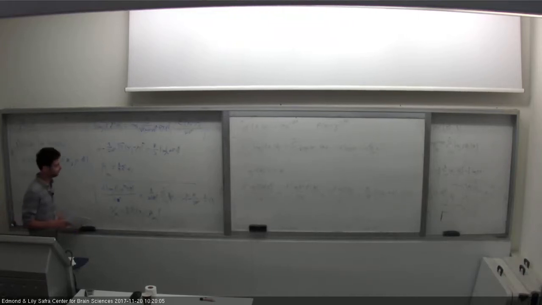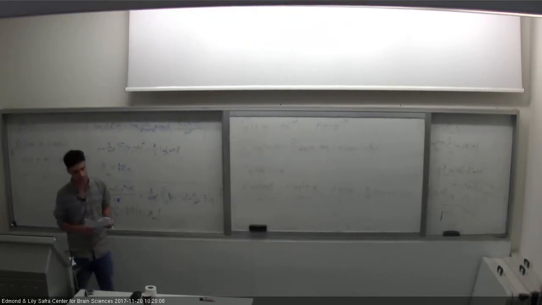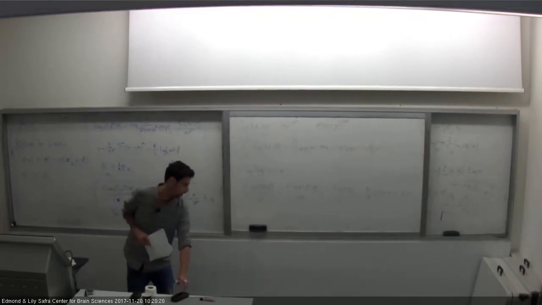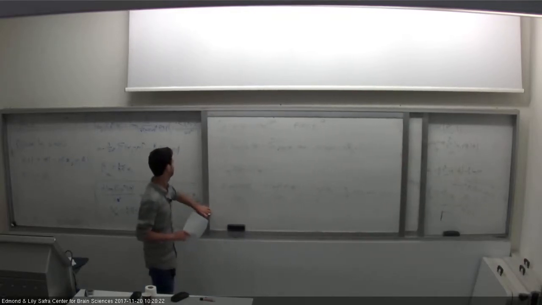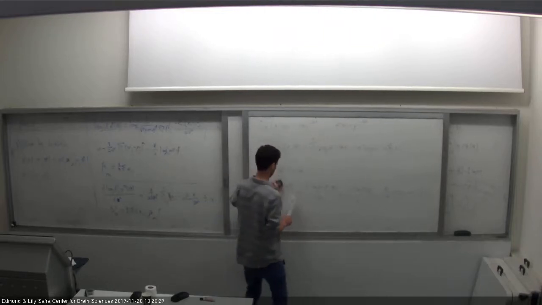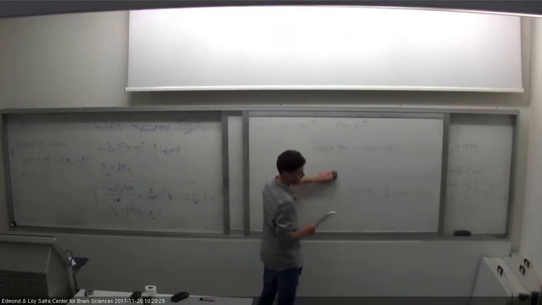Is this estimator biased? How can we find out if it's biased?